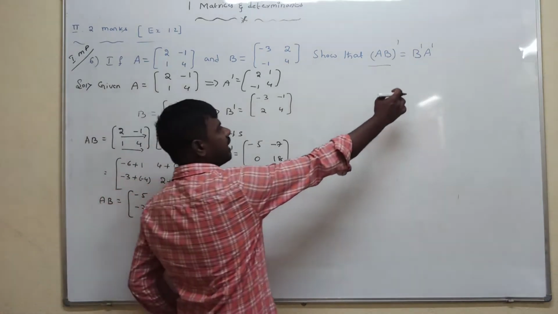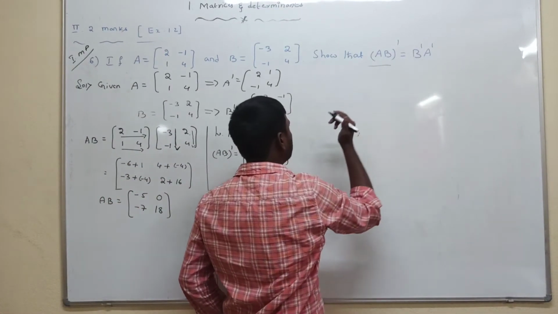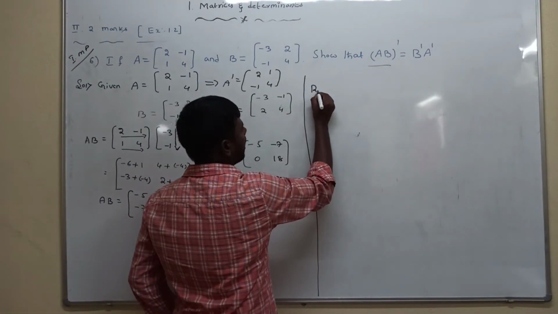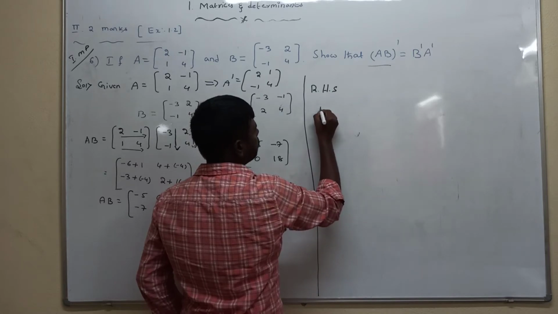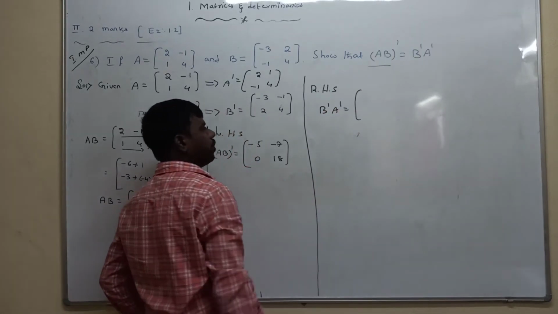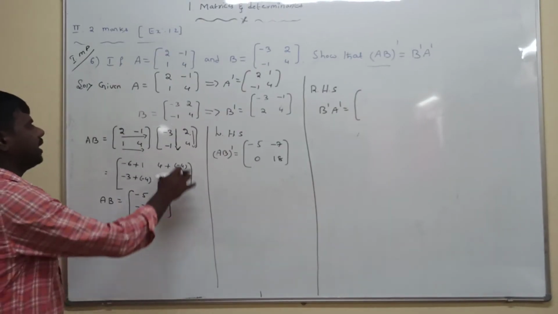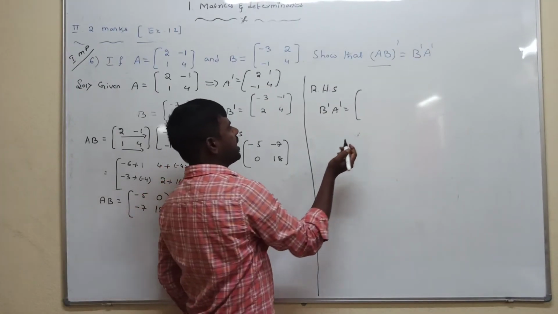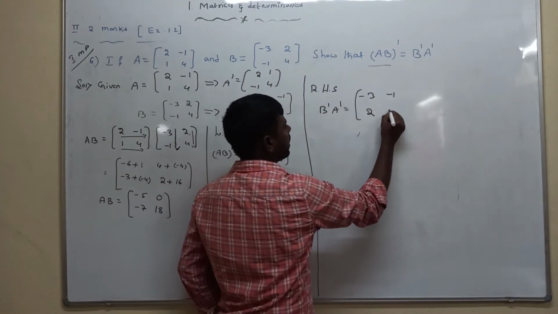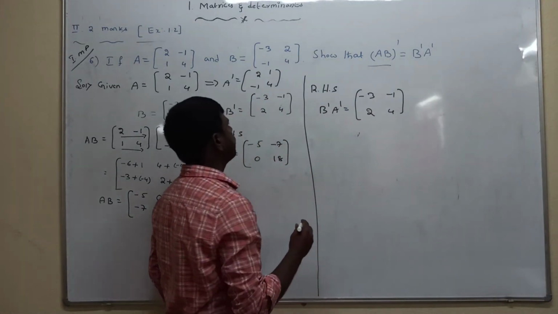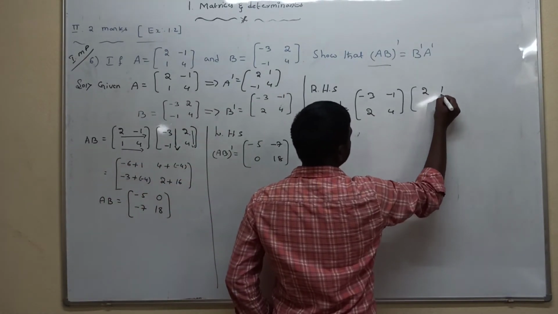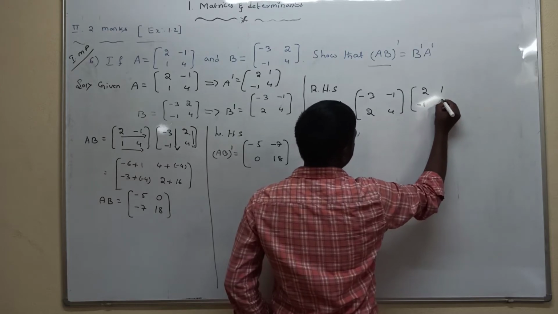Next we need to calculate transpose of B into transpose of A. So now I am taking the RHS, B transpose A transpose. Substituting the transpose of B matrix, [[-3, -1],[2, 4]]. Next substitute the transpose of A matrix, [[2, 1],[-1, 4]].